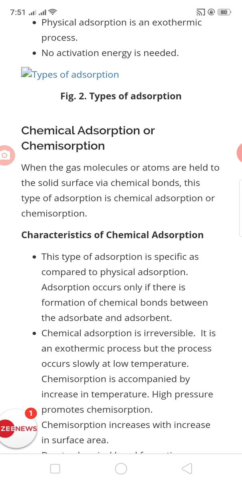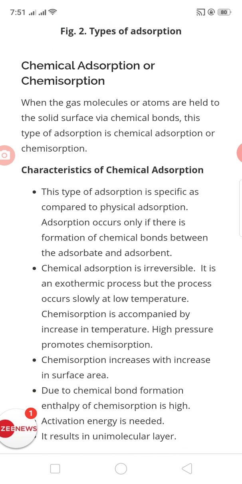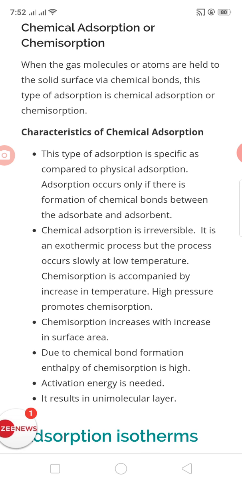The various characteristics of chemical adsorption. This type of adsorption is specific as compared to physical adsorption. Adsorption occurs only if there is formation of a chemical bond between the adsorbate and adsorbent. And the main necessary thing is the chemical bond.